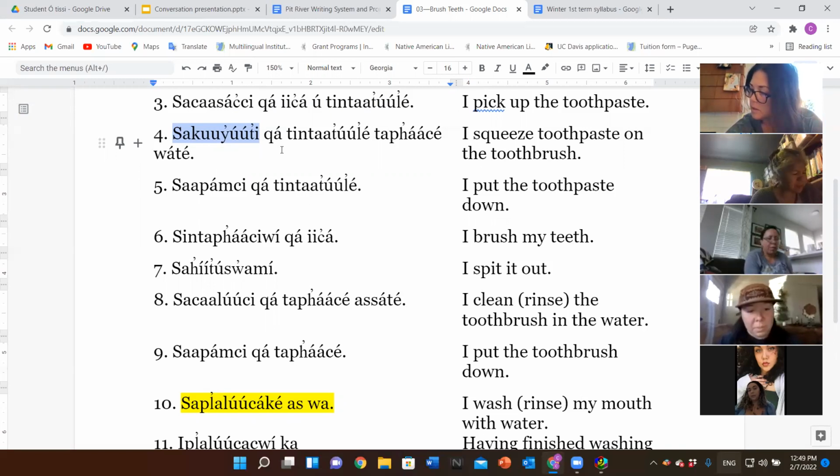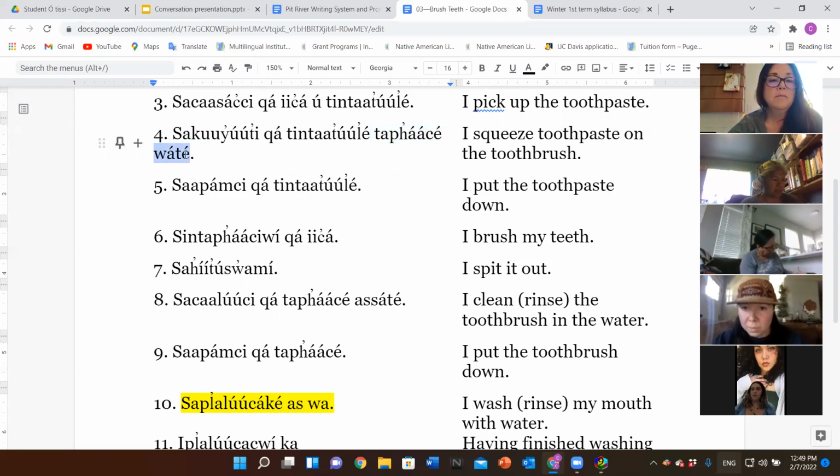Dap haje, right? That's the toothbrush. Wade is like location. So it's like on or in or at. So sagu yuti ga dinda dule, dap haje wade.